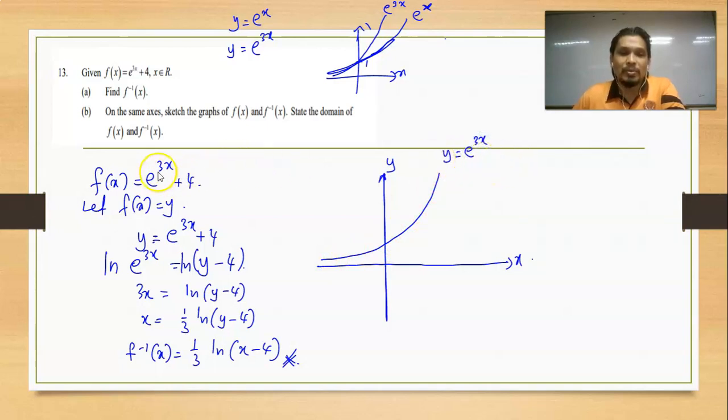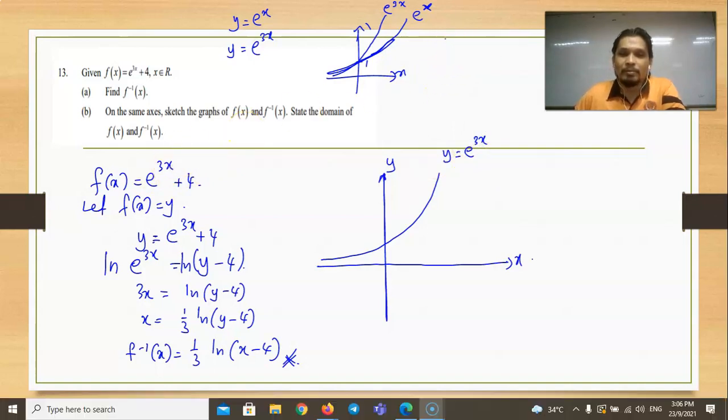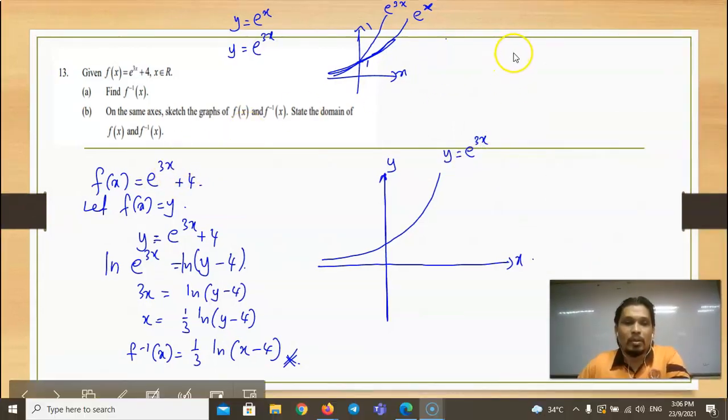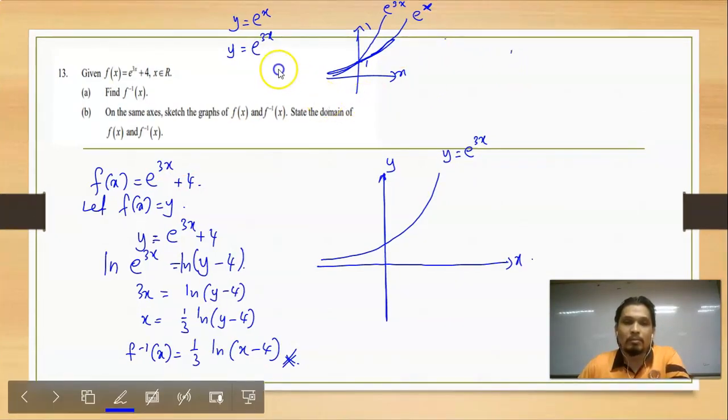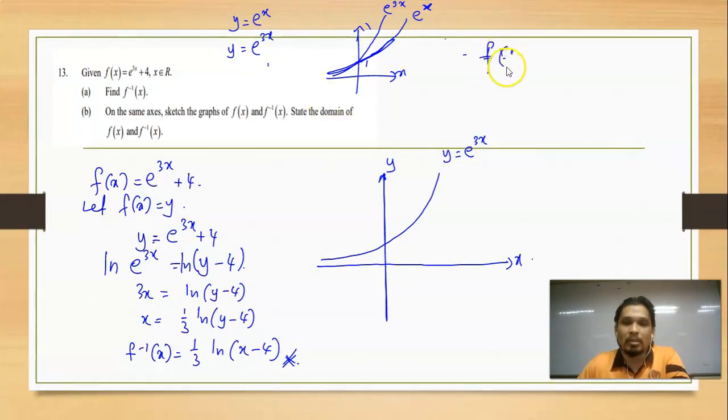So when x equals 0, f of 0 equals e to the power of 3 times 0, plus 4. 3 times 0 equals 0, e to the power of 0 equals 1, 1 plus 4 equals 5.